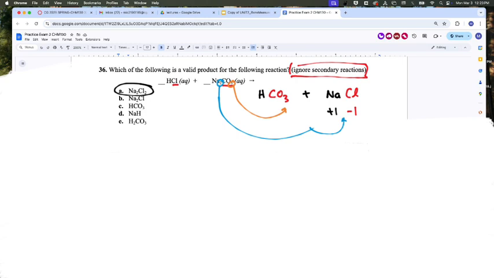We also got to look at our HCO3. What is the charge on CO3? That's a -2. What is our charge on hydrogen? A +1. Is our formula balanced? No. What do I need? I need 2 hydrogens. I need H2CO3. I've now predicted my proper products, and I can look for a potential answer that matches.